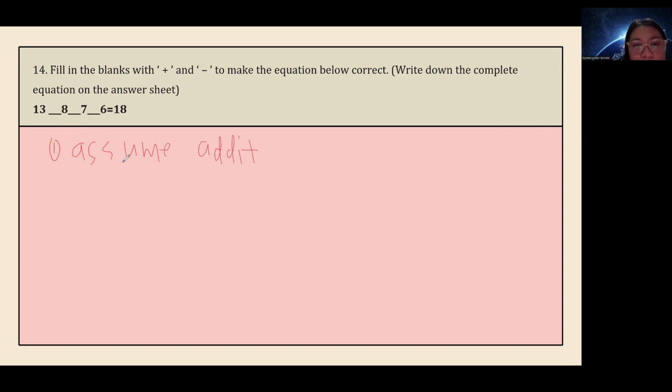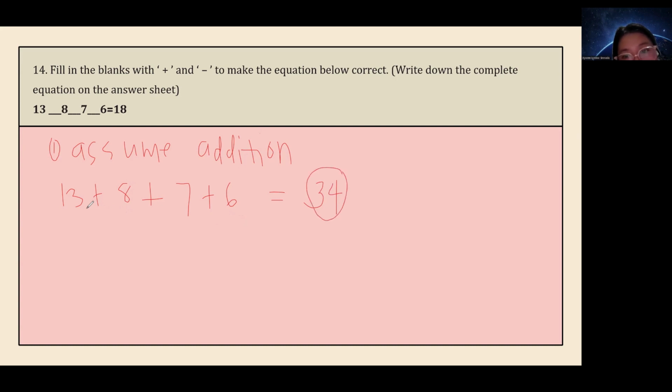So that means we would simply add up all of our terms, 13 plus 8 plus 7 plus 6. So we would get a different result, right? So what is 13 plus 8 plus 7 plus 6? 7 plus 6, that's 13. 13 plus 8, that's 21. 21 plus 13, we would get 34.